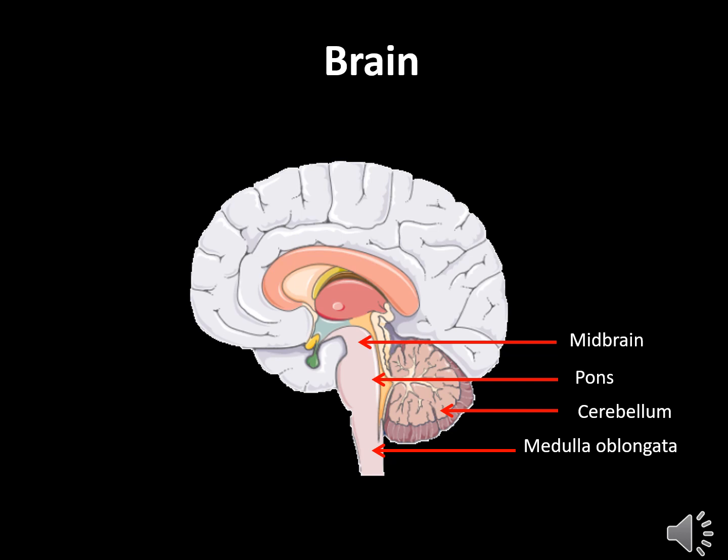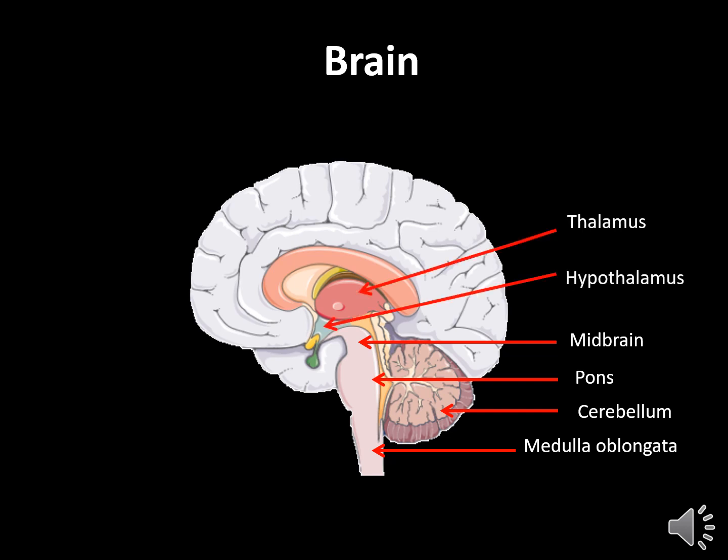Behind the brain is the cerebellum. The cerebellum plays a vital role in man's ability to maintain his balance. Almost completely surrounding the midbrain, thalamus and hypothalamus are the structures of the cerebrum.